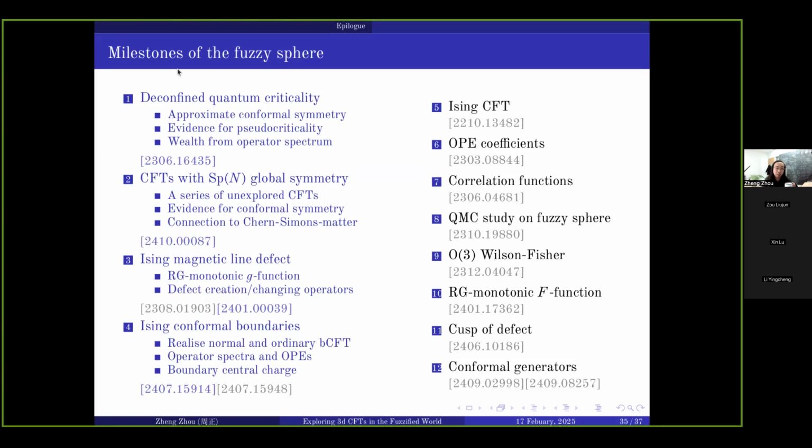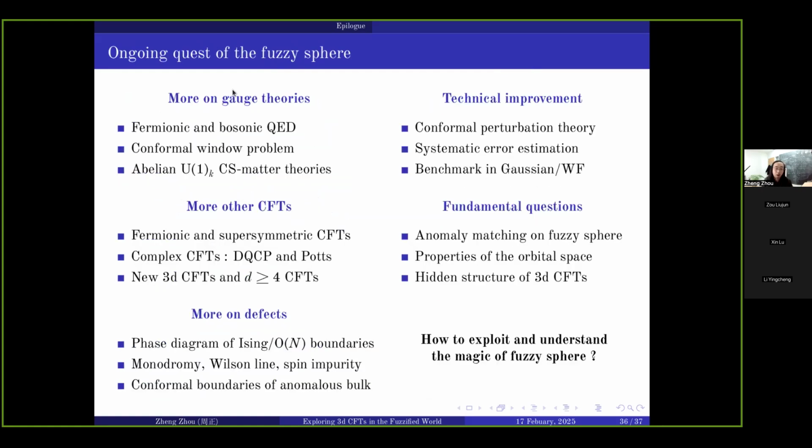It's not only the 4 works that I mentioned today. For example, the deconfined criticality, the SPN theories, and the Ising conformal defects and boundaries. There are a lot of other exciting things going on, and our quest will be ongoing.